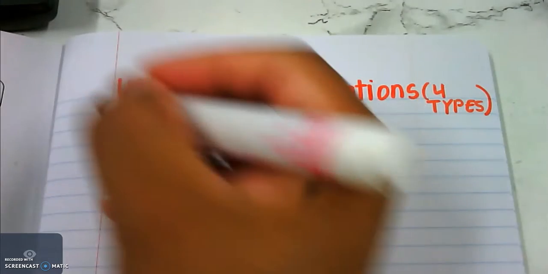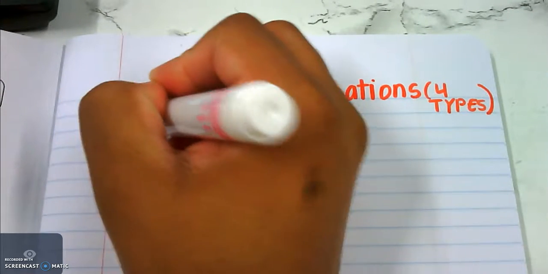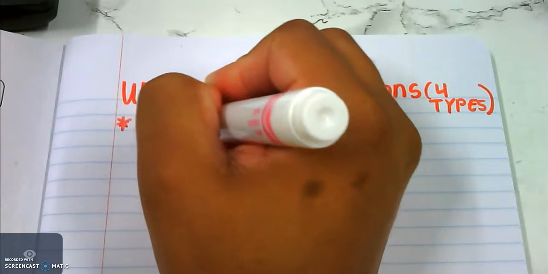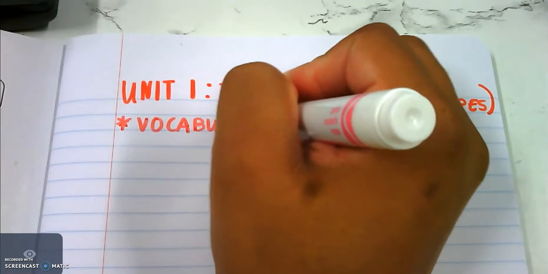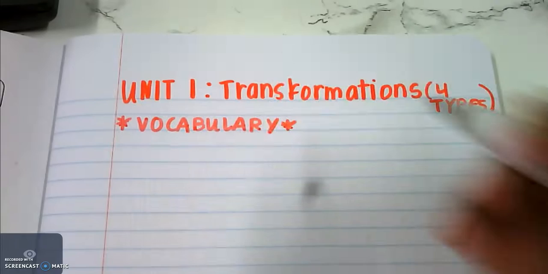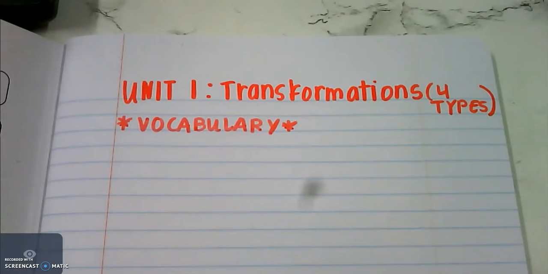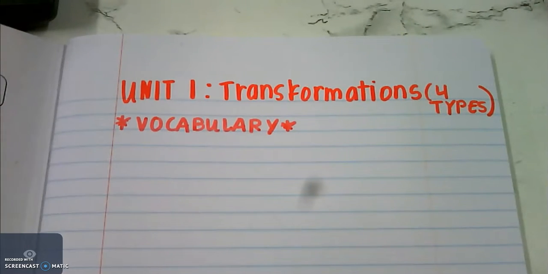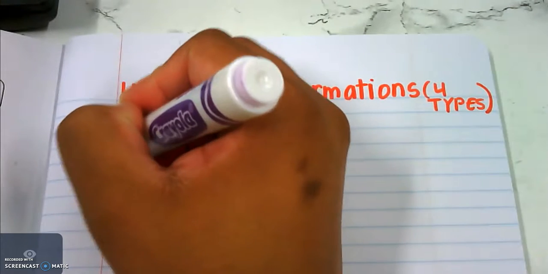All right, so the first thing that we're going to discuss is some vocabulary. There's some important vocabulary that we'll use for the duration of this unit that you want to be aware of. And the first word that we've been discussing, you've heard it before, is pre-image.